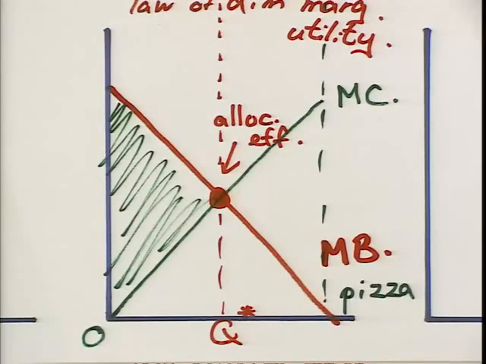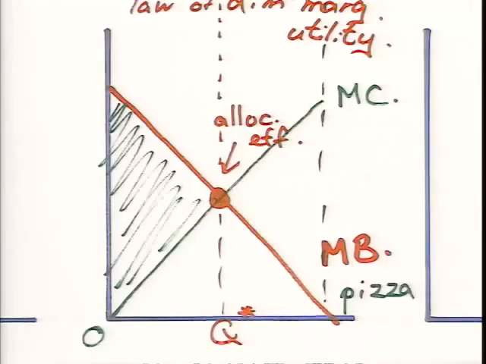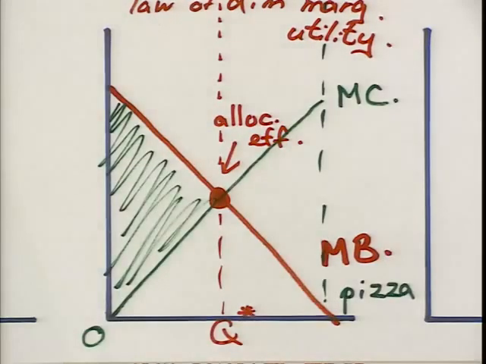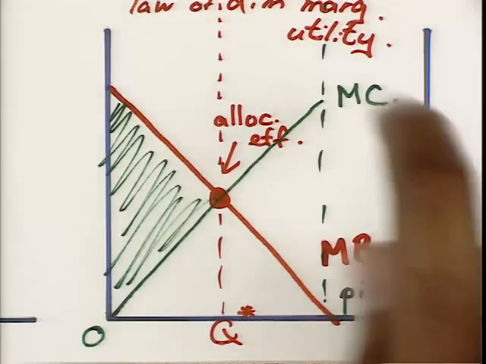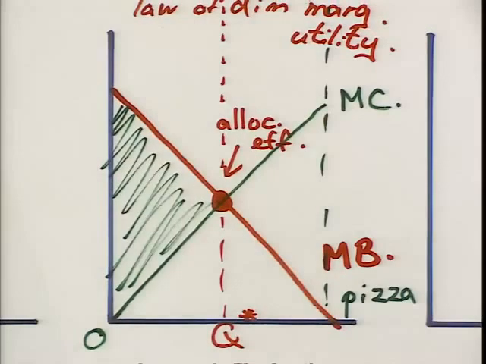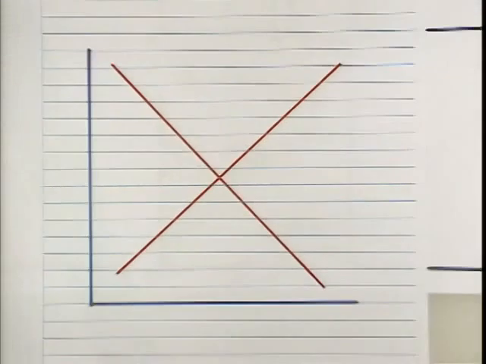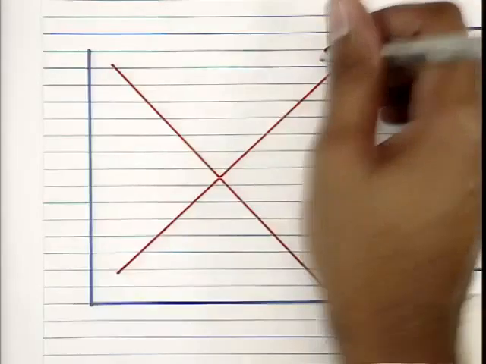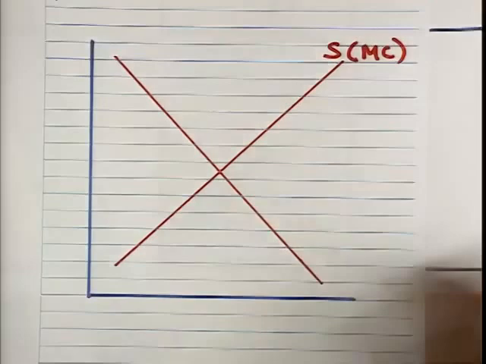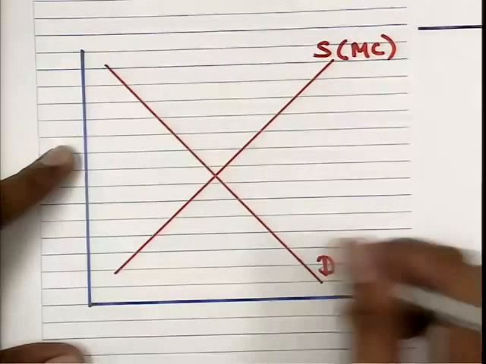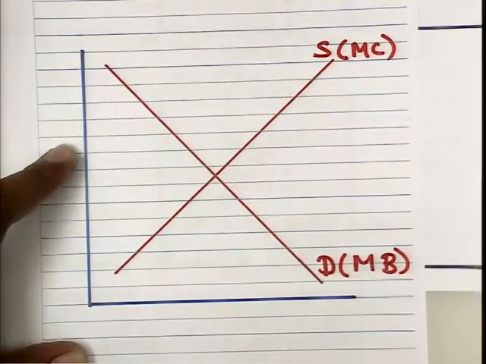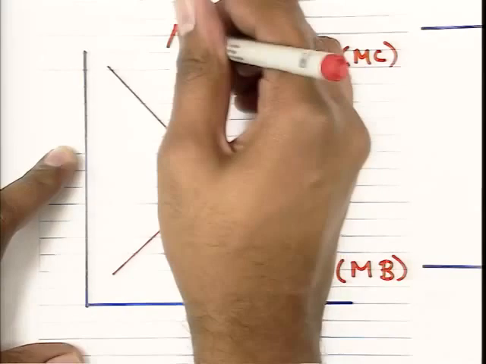Later on, we show how the marginal cost curve is the supply curve and the marginal benefit is the demand curve. So where demand meets supply is the allocative efficient point. Later we showed how the marginal cost curve is basically the supply curve and the marginal benefit curve is basically the demand curve.